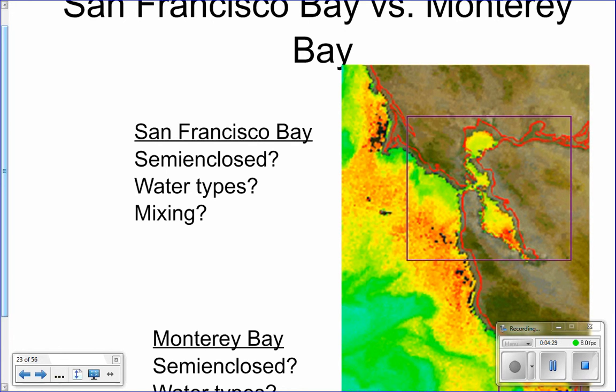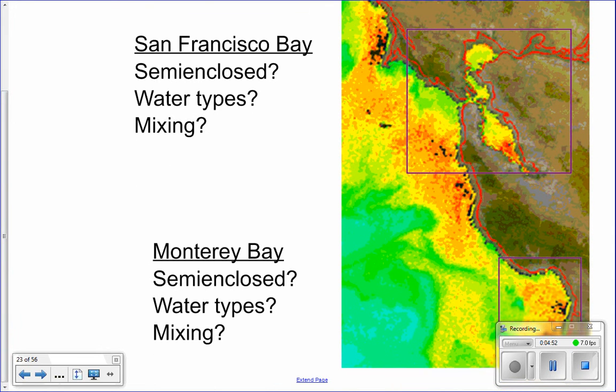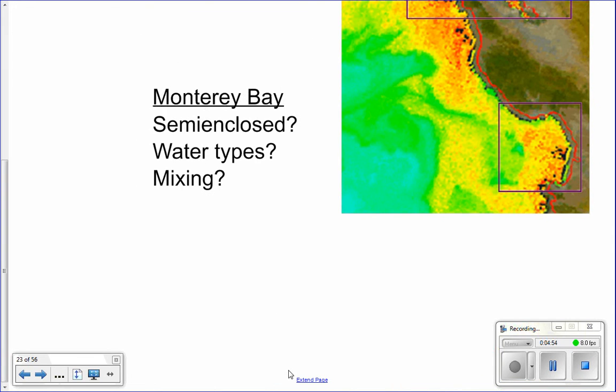This red part right here is where kind of a river comes in. So if you've got fresh water and salt water, you've got two types of water, yeah? If you have two types of water, they're probably going to mix, yeah? So San Francisco Bay is actually an estuary. Could it be San Francisco estuary? Maybe. It's a bay, but it's also an estuary.